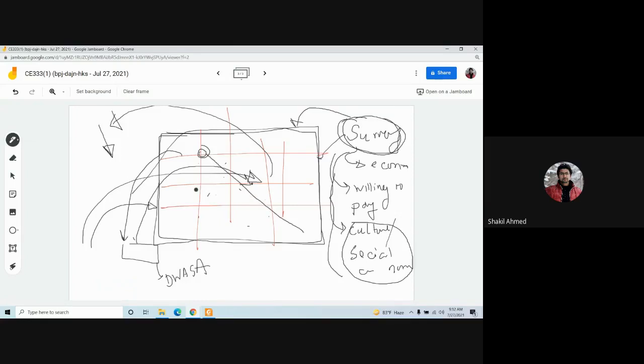Am I right? Yes, sir. So they may not be willing to use this. Therefore, you have to consider it. You may provide one here, there, and there, so that all the people can access it within a reasonable distance. So coverage is important.